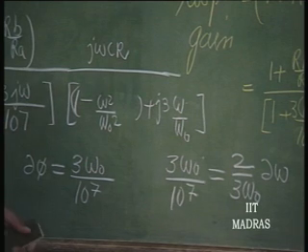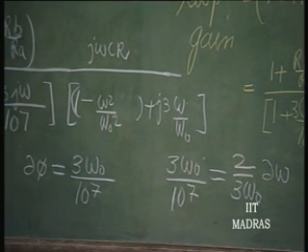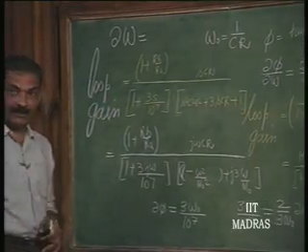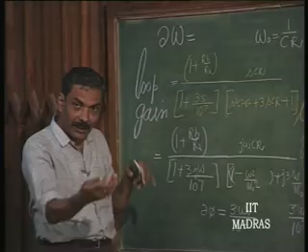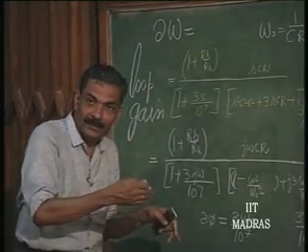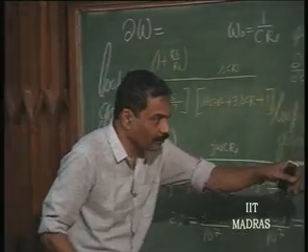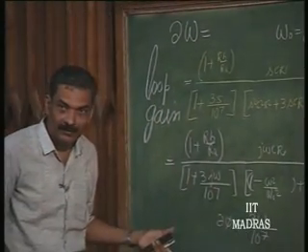So, what do you get? Delta omega therefore is going to be the change in frequency of oscillation. The frequency of oscillation should so adjust itself that much phase lead is going to be given by this network in order to compensate for the phase lag suffered by the amplifier, right.